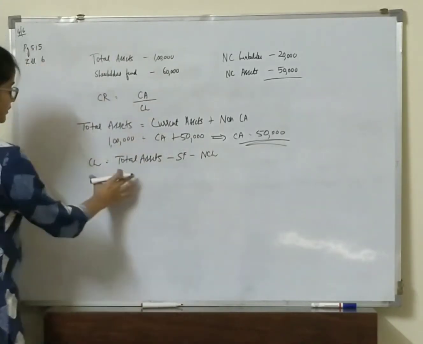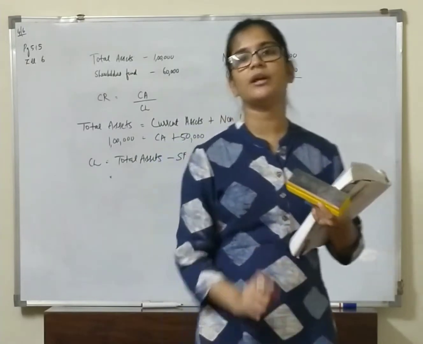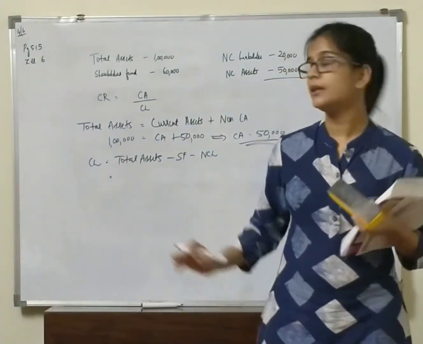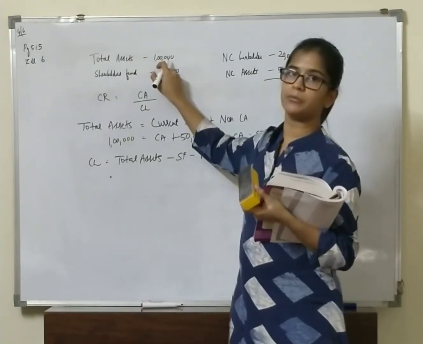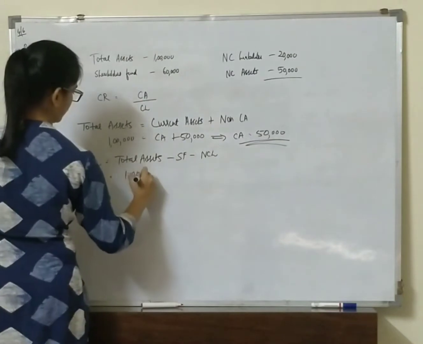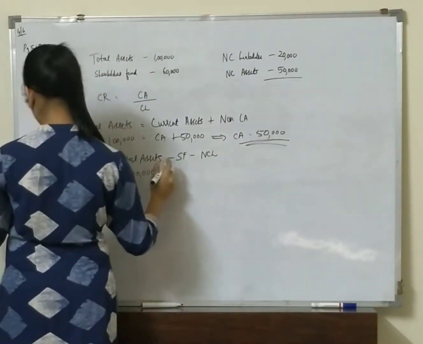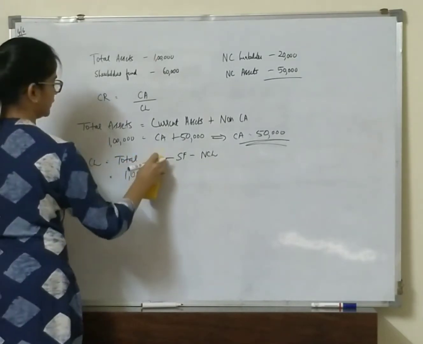If anyone did not understand this part, in the balance sheet we always know that the liabilities are equal to the assets. In this we know the total asset is 1 lakh, so by default our total liabilities is also 1 lakh. So 1 lakh minus, or even if you wish to write, you can write instead of total asset.